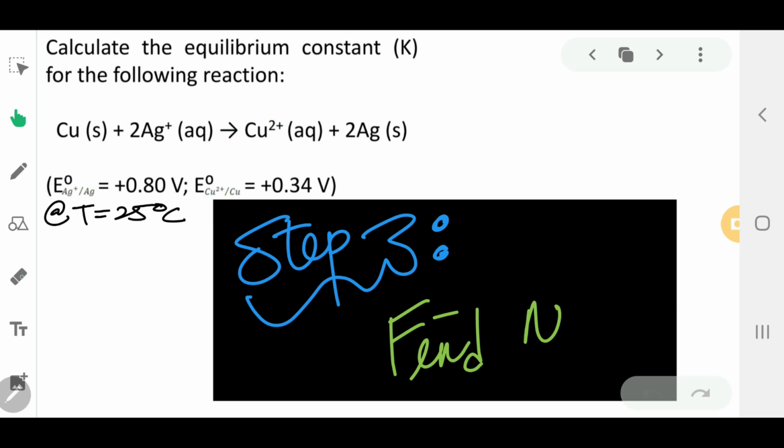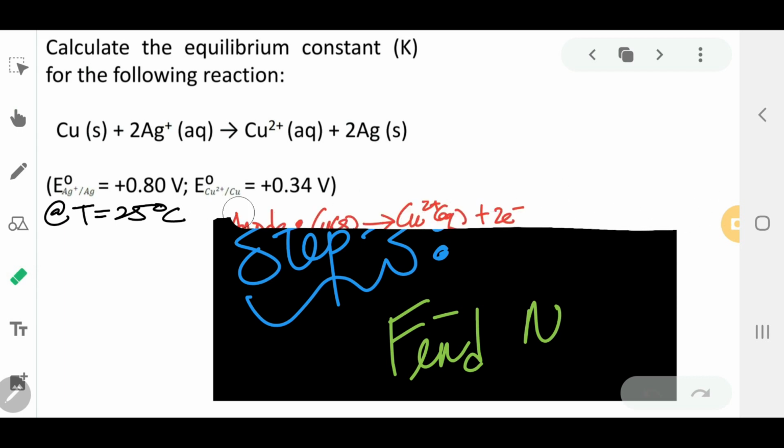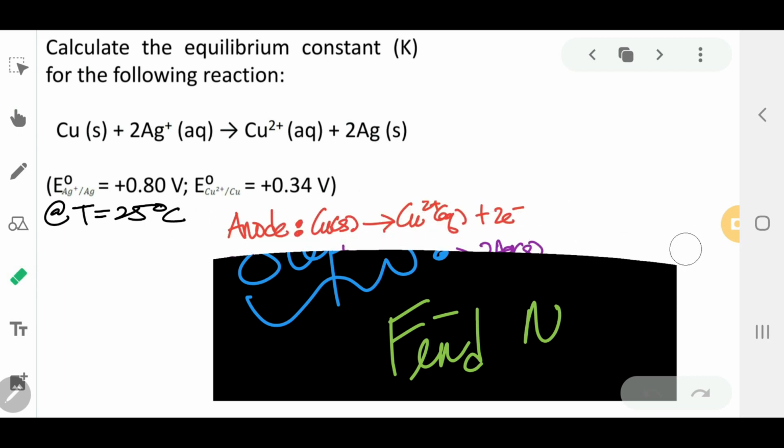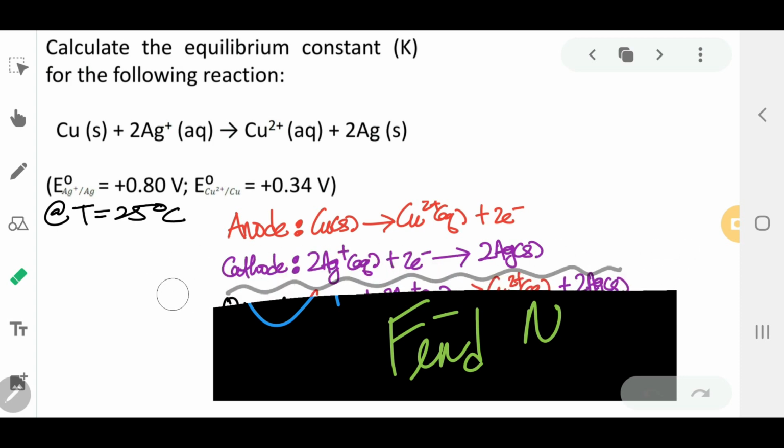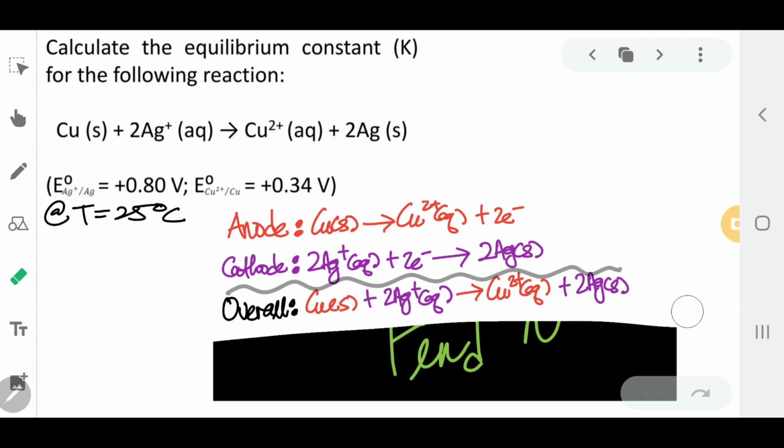In step 3, we have to look for the value of n. As we have done just now, first you need to find the anode half reaction and identify the cathode half reaction. I'm just going to write the overall reaction over here, although to get the value of n, you simply need to look at how many electrons are flowing.